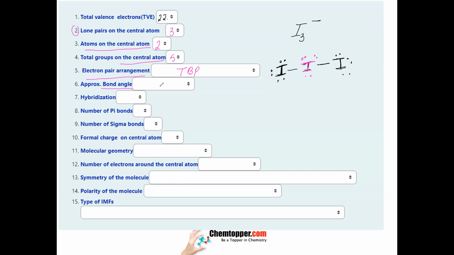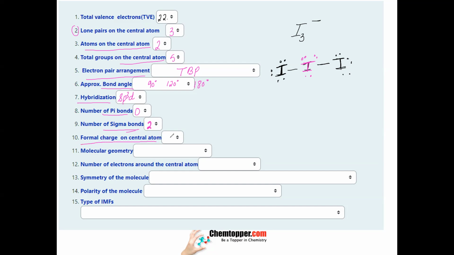Approximate bond angle? 90 degree, 120 degree, 180 degree, right? Hybridization? sp3d, very good. Number of pi bonds? 0. Number of sigma bonds? Yes, sorry, you're right. 2. I was thinking something else then. 2. Very good. Excellent. All of you are right.